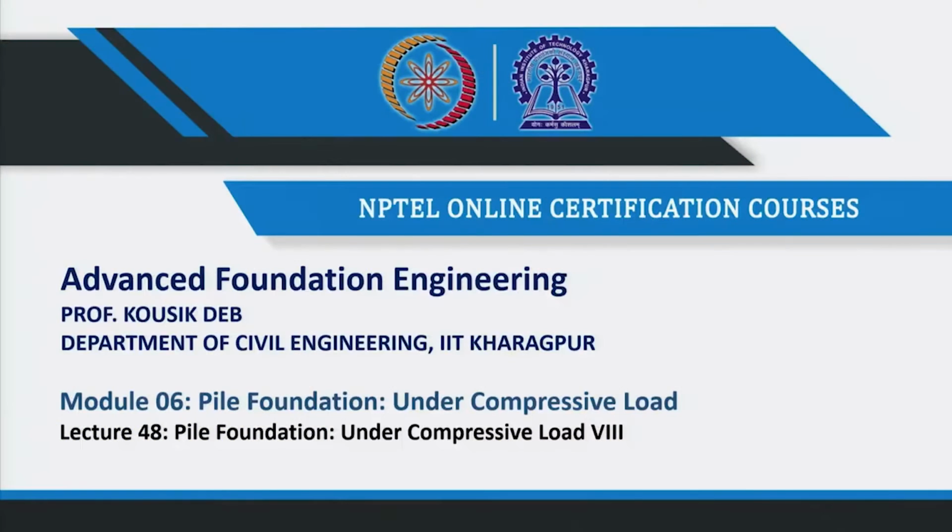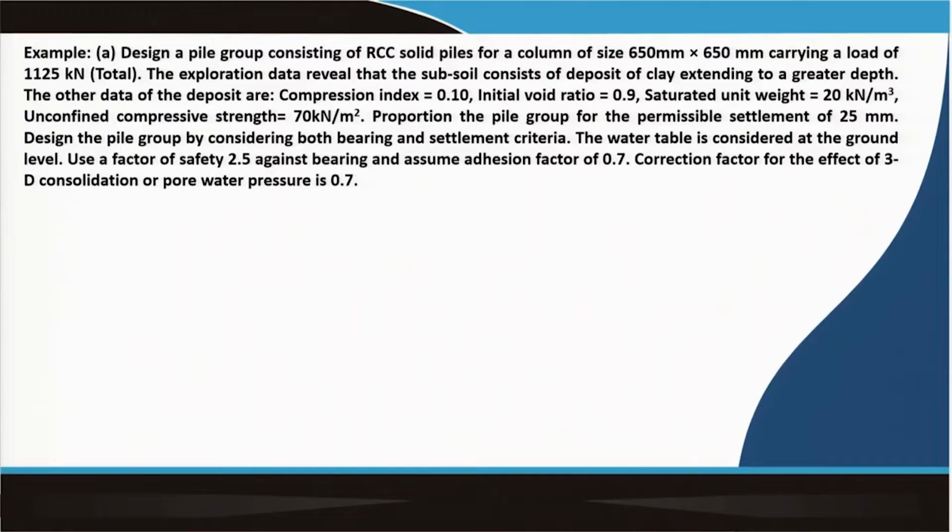This is the problem given here: design a pile group consisting of RCC solid piles for a column of size 650 millimeter by 650 millimeter, carrying a load of 1125 kilonewton. The soil data given is clay extending to a greater depth.